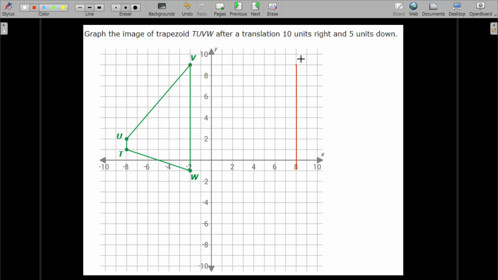So this is V dash W dash, and similarly then let's draw U dash T dash. So right now UT is at negative 8, you shifted right, so it will come over here.